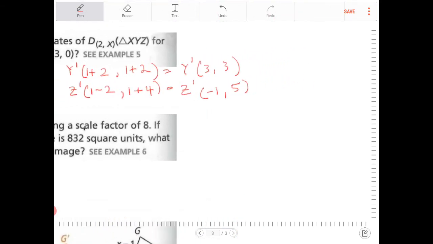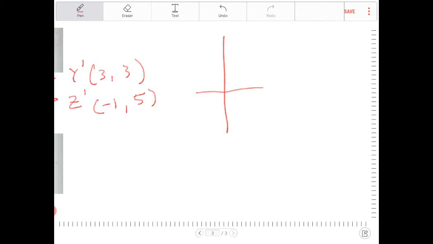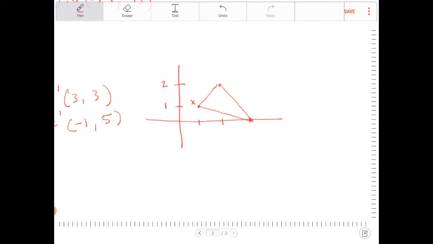And if that confused you, you can always draw this out neater. So if I do draw it out neater, this is the situation, right? This is x, 1, 2, 1, 2, 3. So if I blow this up by 2, this will end up in this manner.